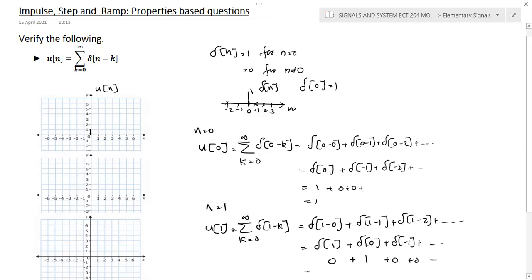So finally you will get 1. When n is equal to 1, the function magnitude is 1.